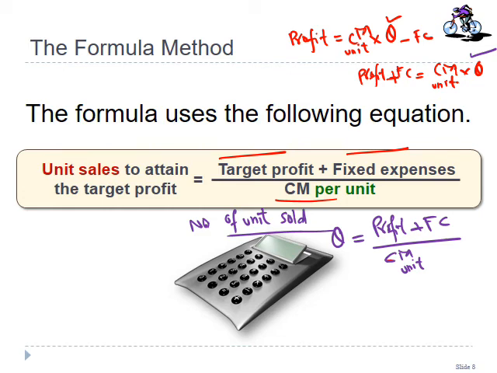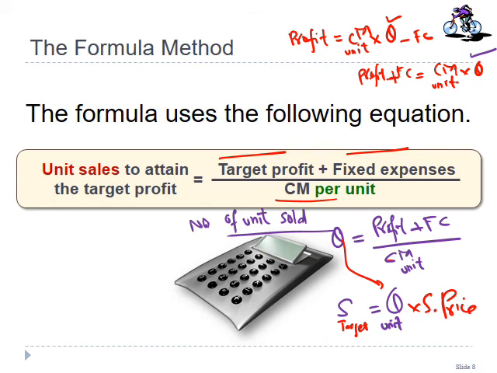And if you want to find out the dollar sales, you just multiply it with the price, or specifically the sale price, right? You will find out the target sales as well. This is just a small tidbit for you.